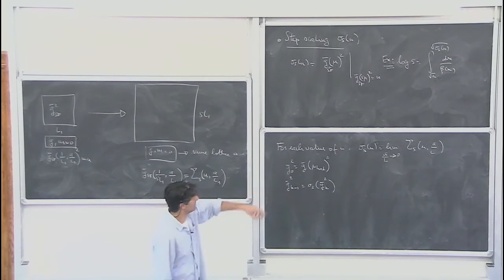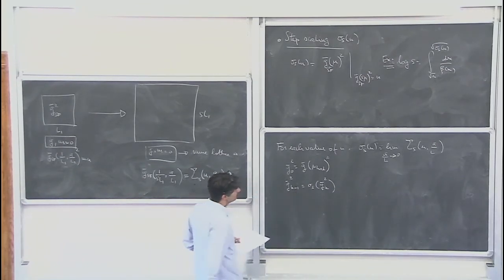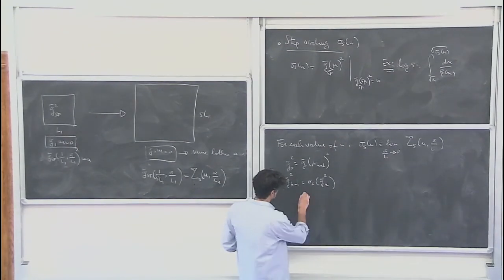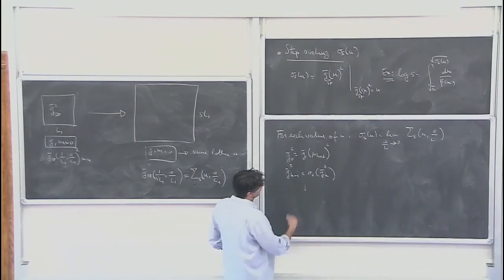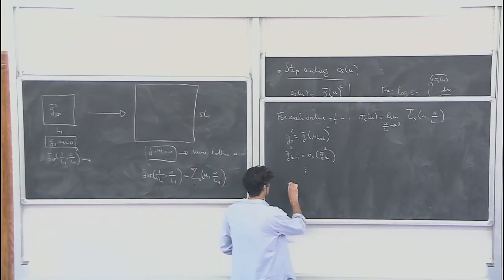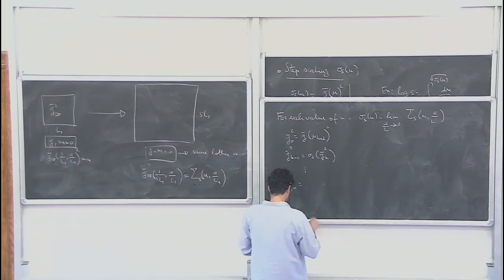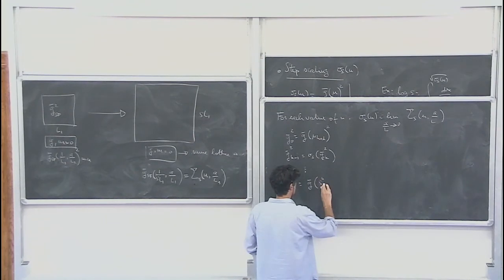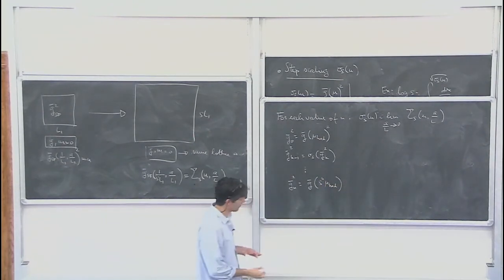Okay? You know sigma, so you can set up this recursion relation, and so you can do a few steps of step scaling, and after, let's say, n steps, you have g bar at a scale which is Sn times mu hadronic. Okay?